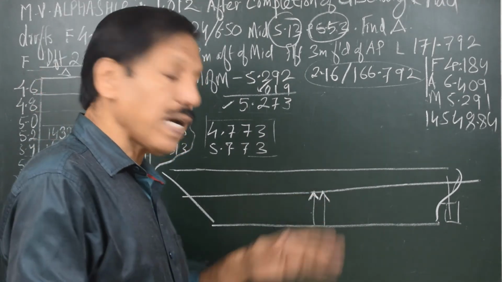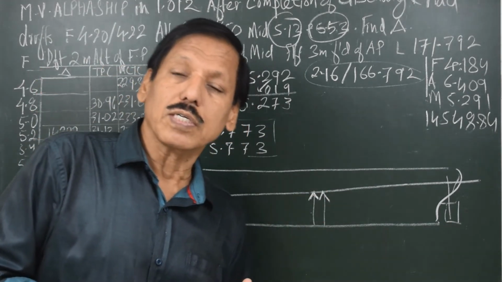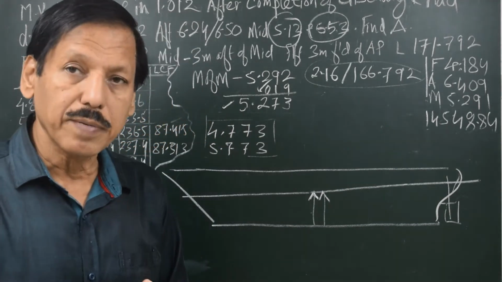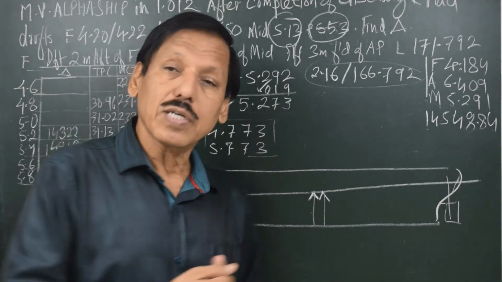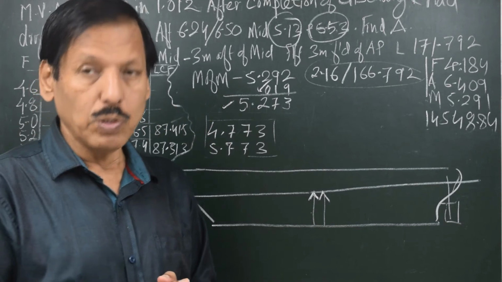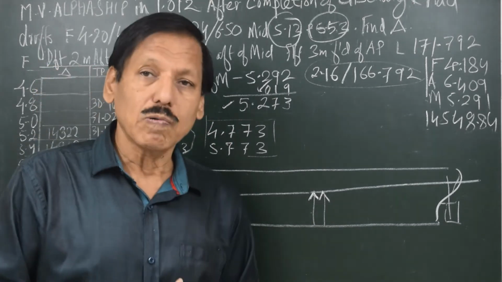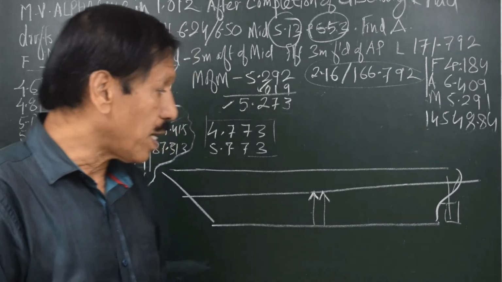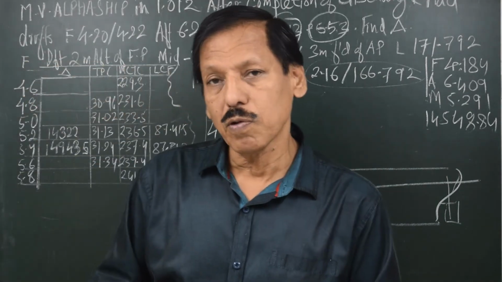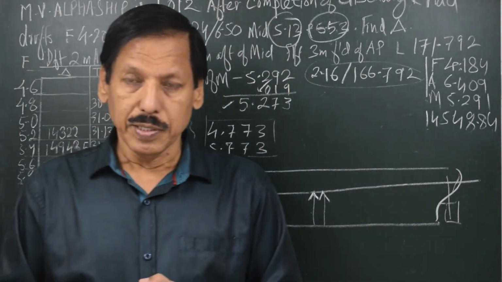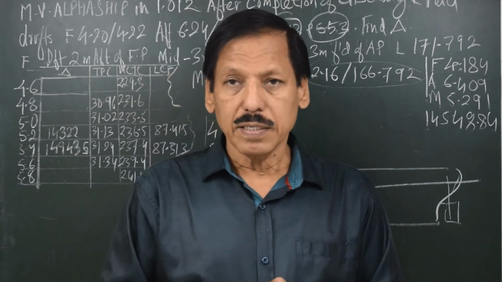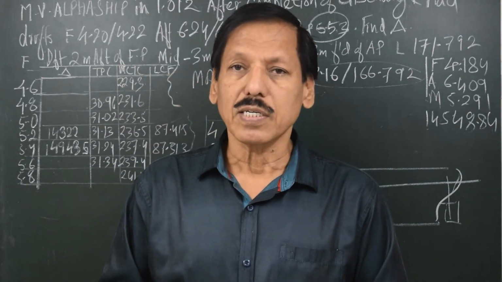Because the draft at the center of flotation in trimmed condition is more than the draft at the center of flotation in even keel posture, this correction is always positive. This correction would be positive even if the vessel was trimmed by head. So that's why we say that the second trim correction is always positive.